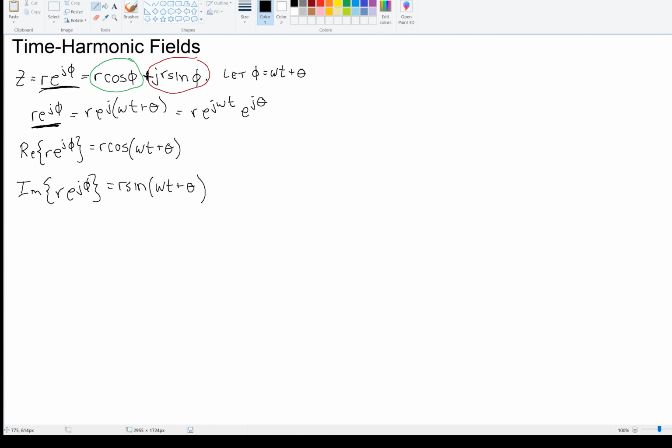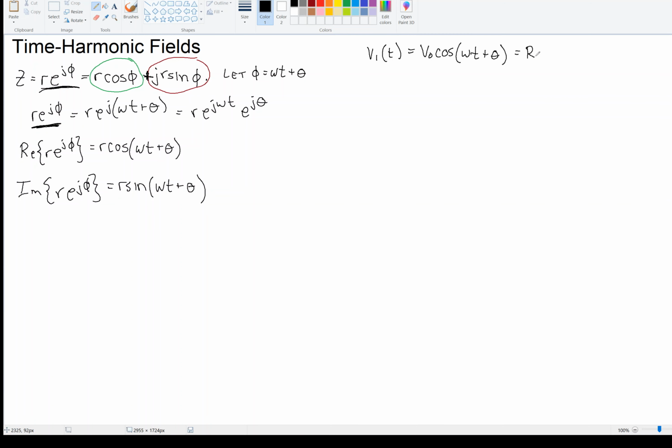So now let's say we have a sinusoidal voltage, we'll call it V1, and maybe it's time harmonic, and again we're going to consider sines and cosines. So here's my time-harmonic wave, V0 cosine of (omega t plus theta).